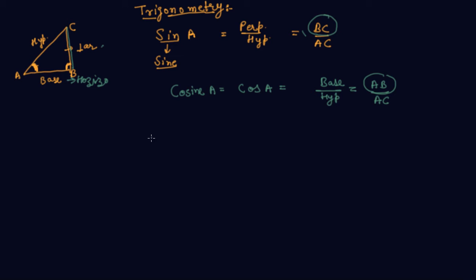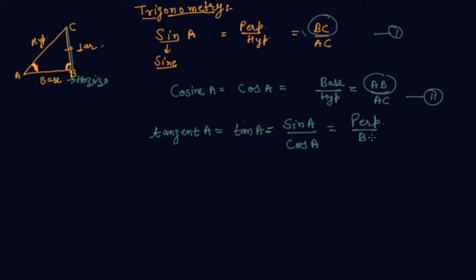So let me write the formula of tangent of A. Tangent of A can also be written as tan A, and I can directly write tan A is the ratio of sine A to cos A, and it can also be written as perpendicular upon base.